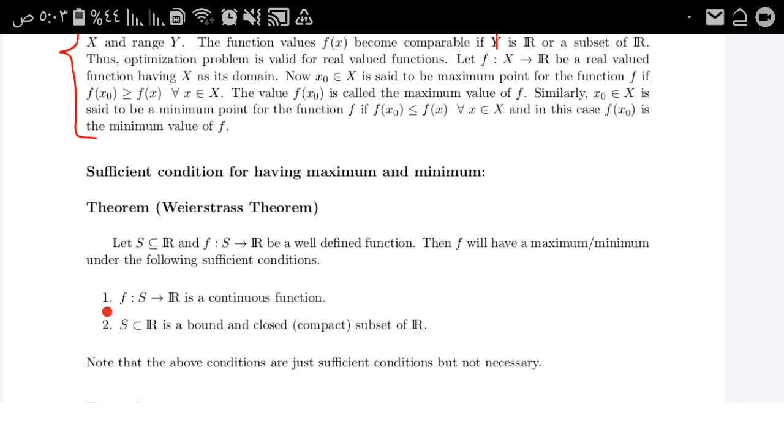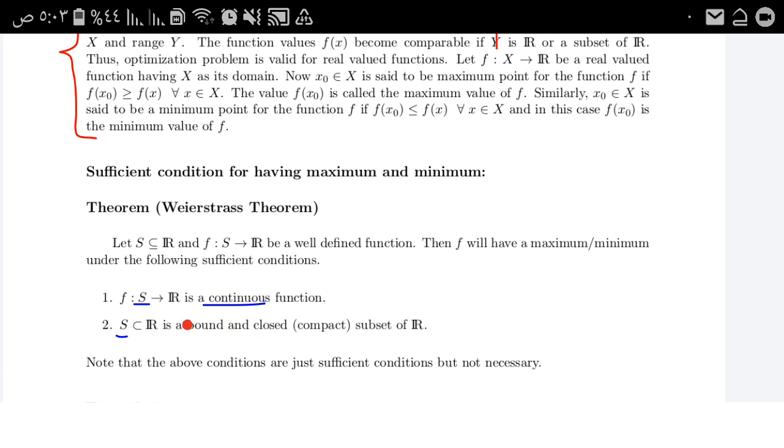The first condition is that the function F in the considered domain be continuous. The second, the domain S is bounded and closed.